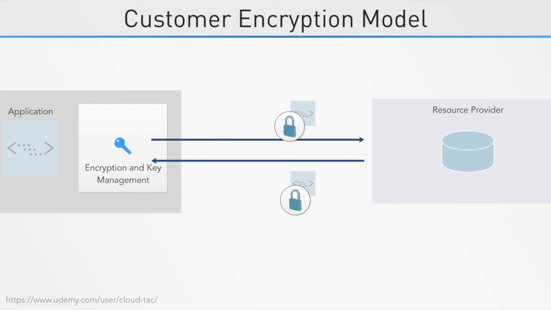In either case, when leveraging this encryption model, the Azure resource provider receives an encrypted blob of data without the ability to decrypt the data in any way or have access to the encryption keys. In this model, the key management is done by the calling service or application and is opaque to the Azure service.